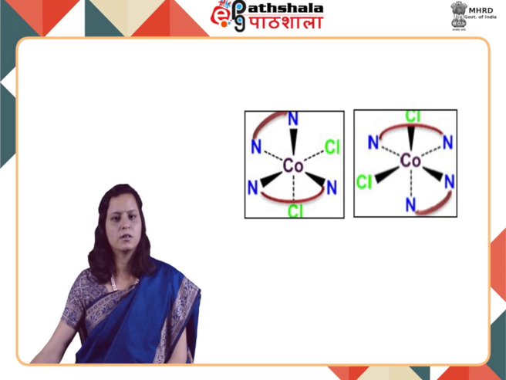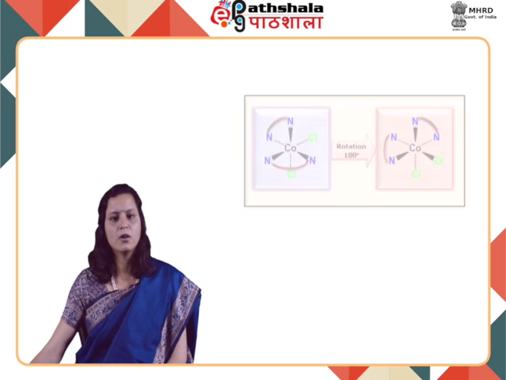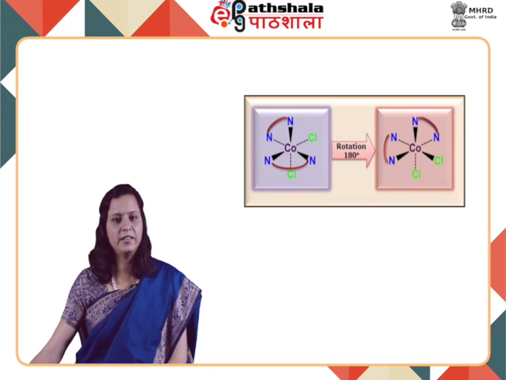Study questions. Question 1. Assign the lambda and delta chirality label for the complexes cis dichlorobis ethylenediamine cobalt 3 complex. For the first one, rotate the figure 180 degrees about the vertical axis in such a way that one ring comes across the back and the other connects the top and the front right positions.